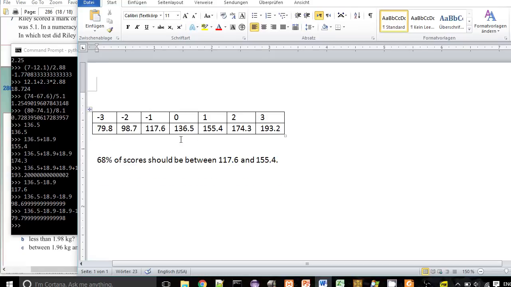Sorry if that took a bit of time. So between -1 and 1, we've got those two numbers, that range. Let's just center all of this. Alright. The next thing is 95% of scores should be between -2 and 2. So 98.7 and 174.3.